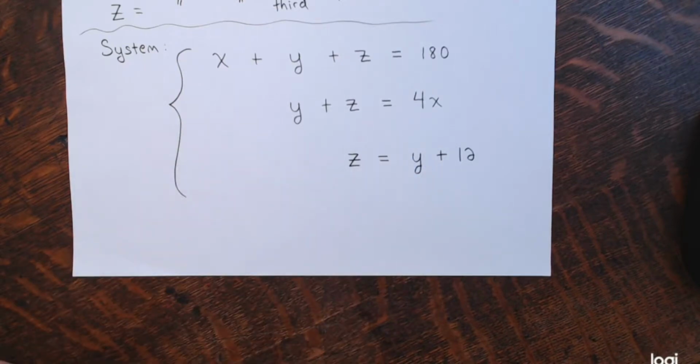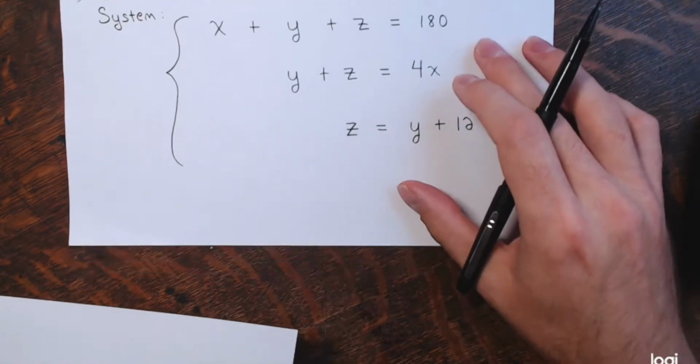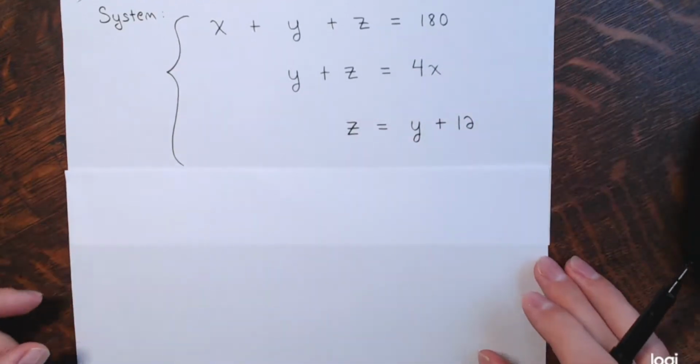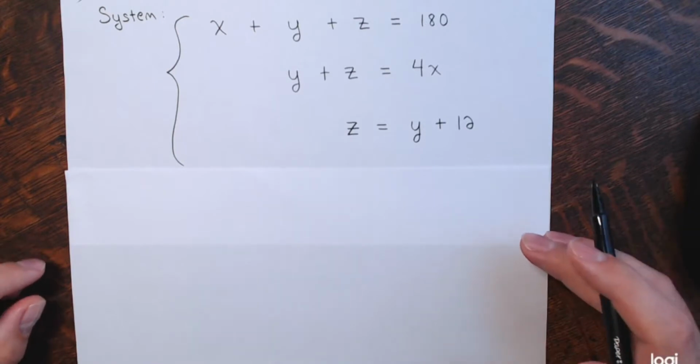It wouldn't be hard to solve this one using what's called the substitution method, and I'll leave it to you to look that up. But I'm going to perform the elimination method. For the elimination method, and again, you saw the video, hopefully you saw me work on section 4.4 part 1.